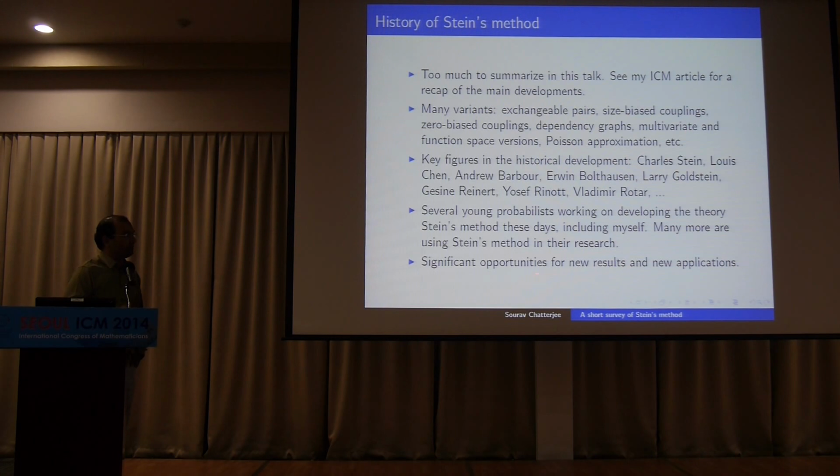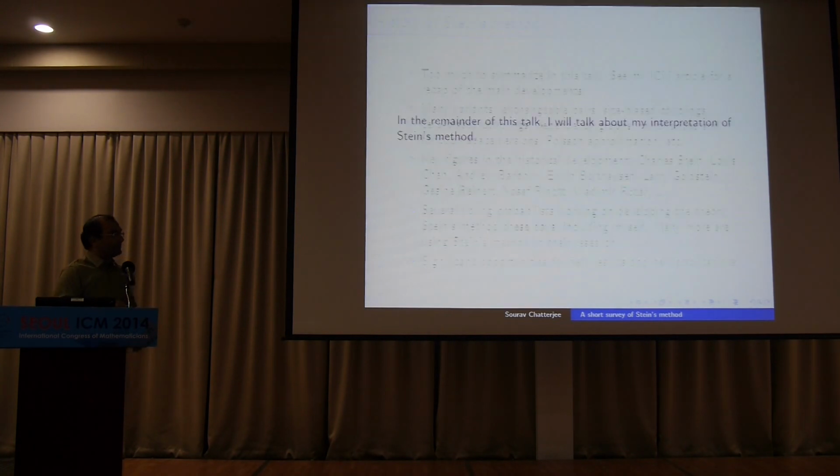As far as the theory is concerned, there are significant opportunities for new results and new applications. So this is a very brief history of Stein's method. In the rest of the talk, I will talk about a certain interpretation that I have of Stein's method, which I have used for various problems.